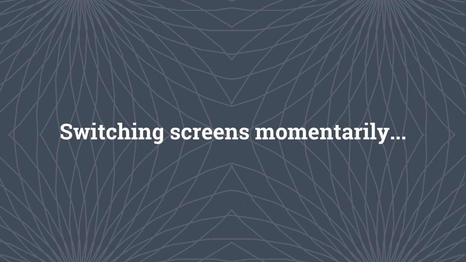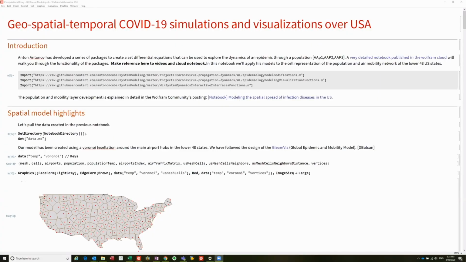All right. So Anton has built a very robust set of packages, which we will take to the next step in the following session. In the next session, we'll take the United States and start with a simple model that we can then build up in the future.